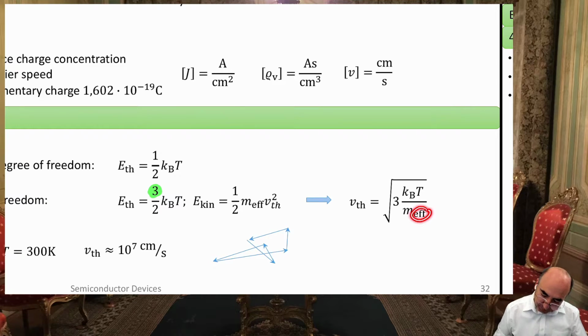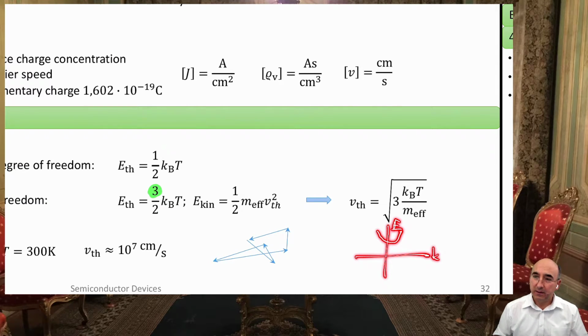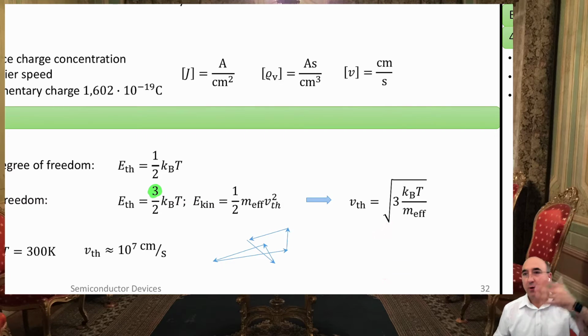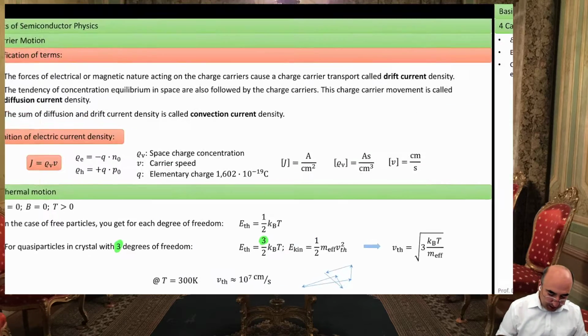The effective mass, not the real mass, because we are not talking about the electrons in vacuum. We're talking about the electrons in the semiconductor. Therefore, the effective mass. Remember, the effective mass is a function of the E-k diagram and the bending there. Don't forget this correlation, the bending. So 1 over the bending, you know.